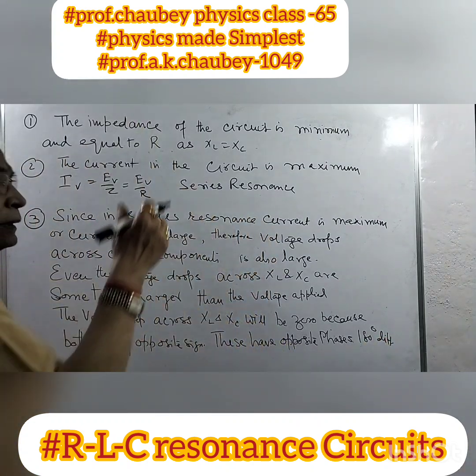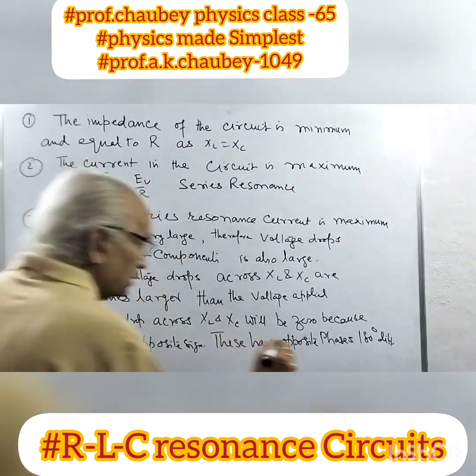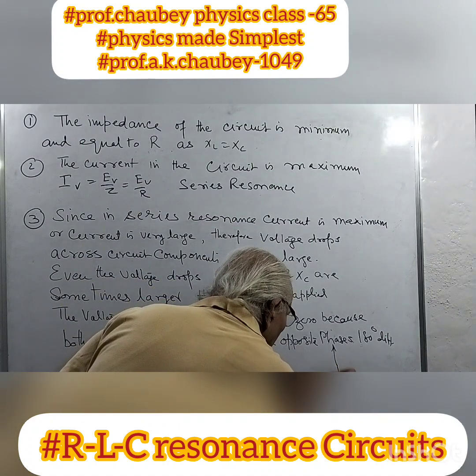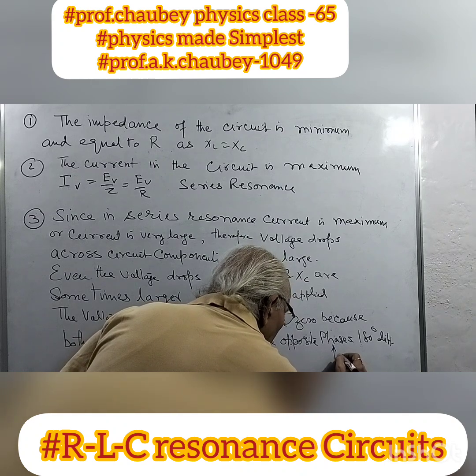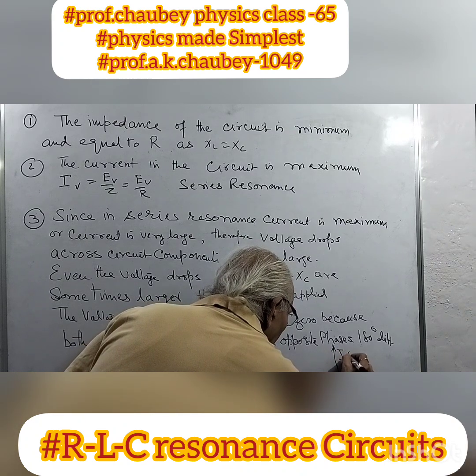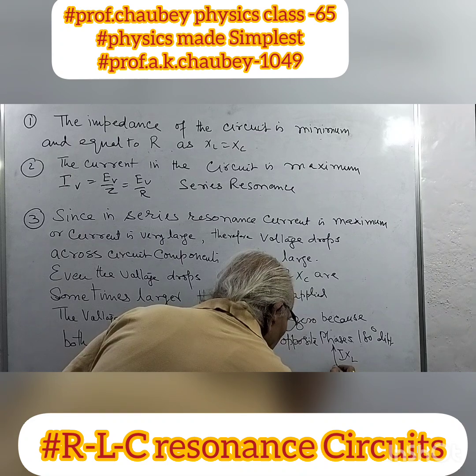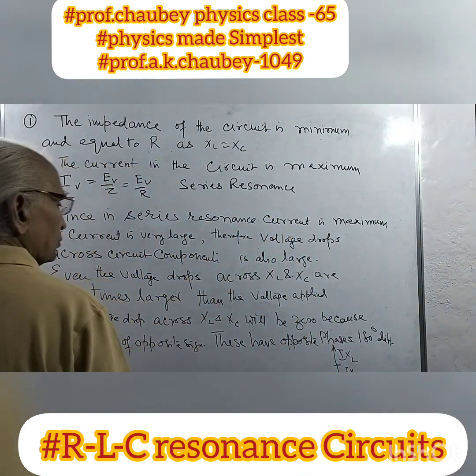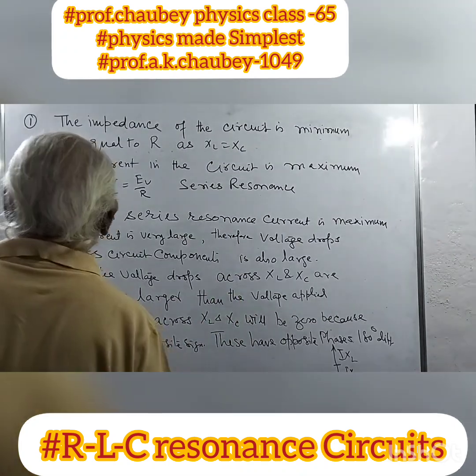One is vertical up, the other is vertical down. Say this is I XL, this is I XC. Up and down, so both cancel each other.